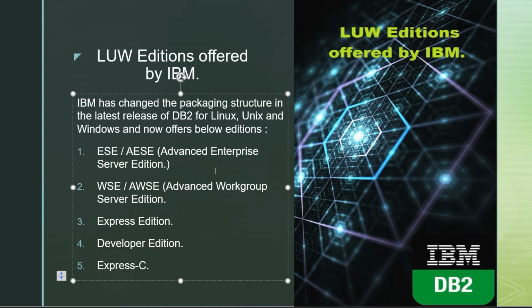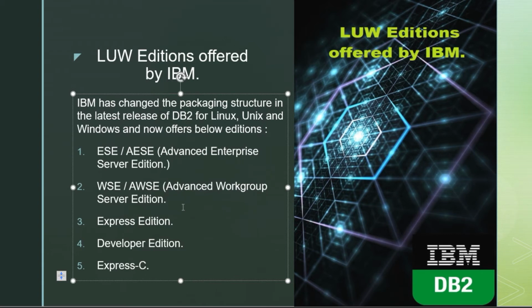The first one is Advanced Enterprise Server Edition or Enterprise Server Edition. It is designed for mid-sized to large-sized business organizations, and this edition offers features like table partitioning, high availability disaster recovery (HADR), materialized query tables, multi-dimensional clustering, pureXML, backup compression, etc.